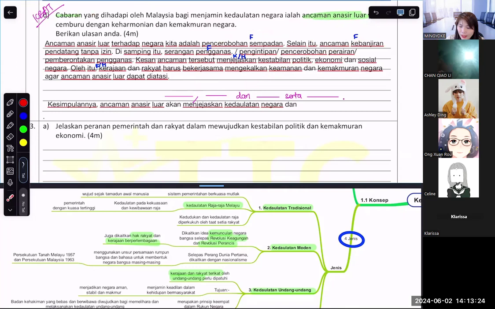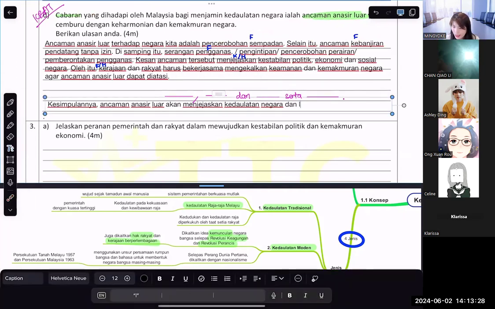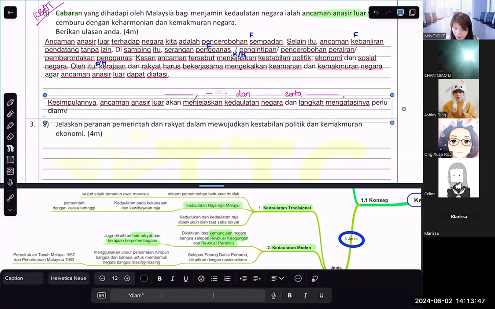Okay. Dan langkah mengelakkan, langkah mengatasinya perlu diambil untuk mengekalkan kedaulatan negara.